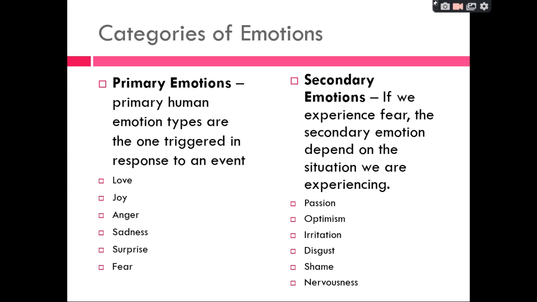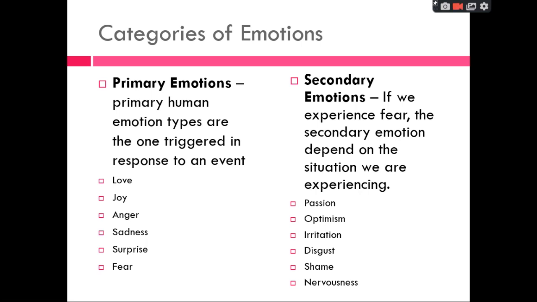Secondary emotion is, let's say if we experience fear, that is your primary emotion, then there might be another emotion that might appear, and that is called the secondary emotion, and it will depend on the situation we are experiencing. Let's say, for example, your teacher called your attention to reprimand you or to discipline you, and your initial reaction was you are so embarrassed.